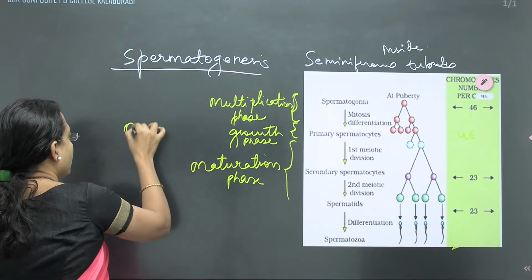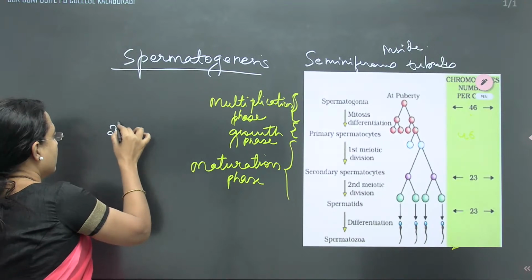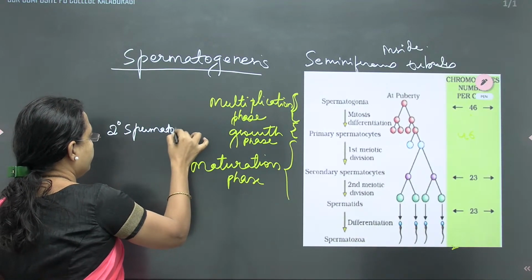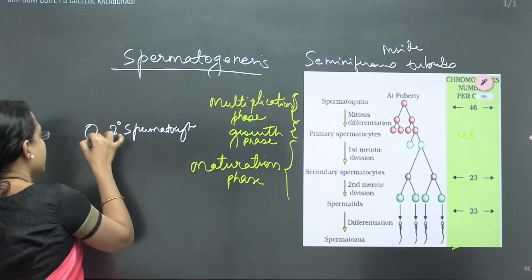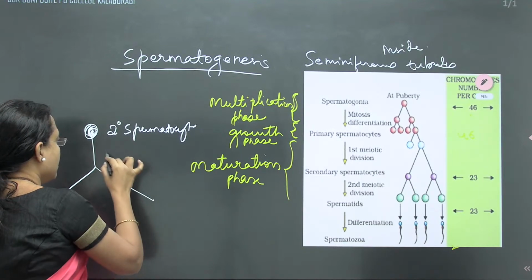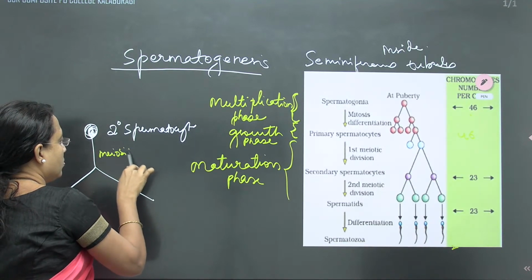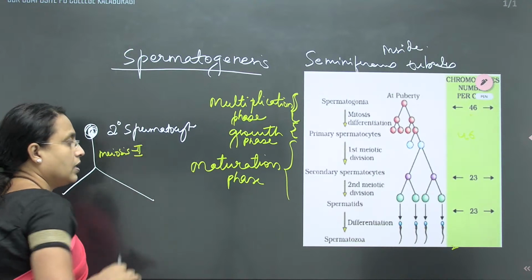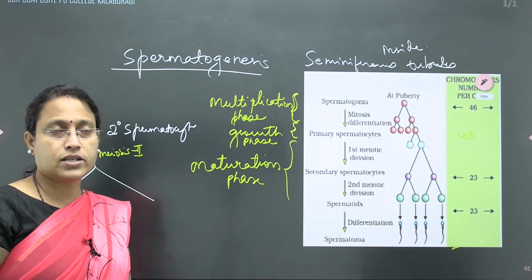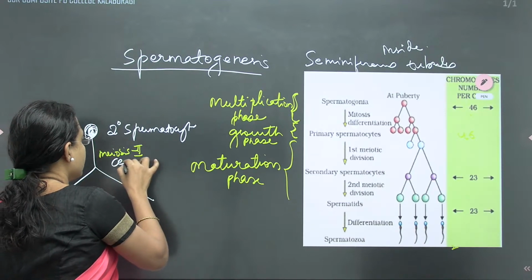So if I now begin with the secondary spermatocyte, for example, this is a secondary spermatocyte. This is undergoing meiosis 2. And it is not reductional, but instead it is equational, because the chromosome number is not changing here.